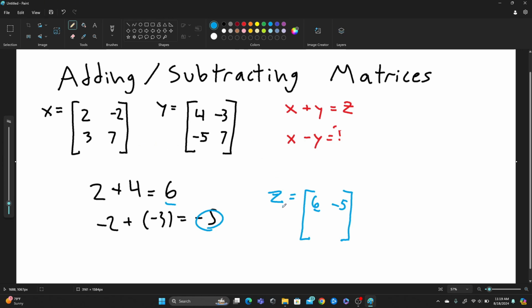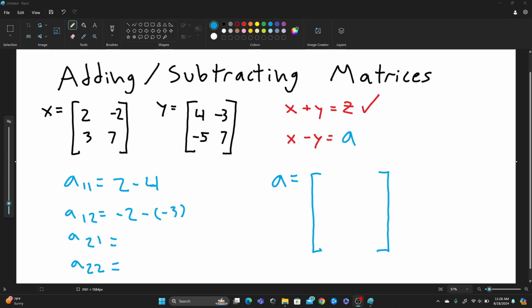So the matrix Z completed would look like this: 6, -5, -2, 14, because 3 plus -5 is -2, and 7 plus 7 is 14. So this is matrix Z. So X plus Y equals Z, so X plus Y equals this matrix right here.